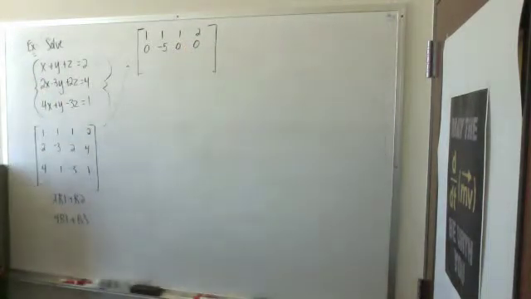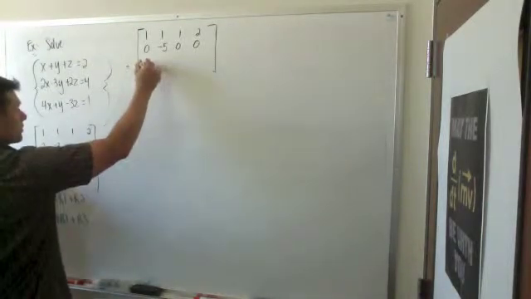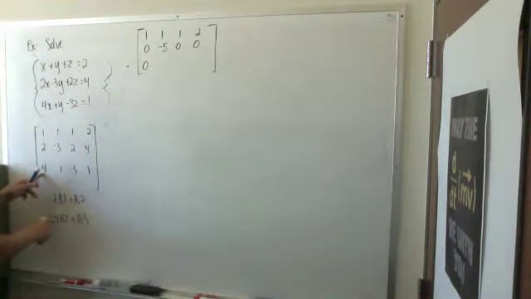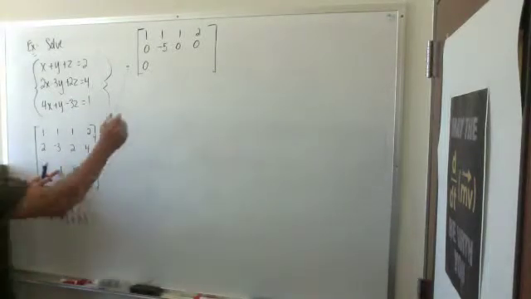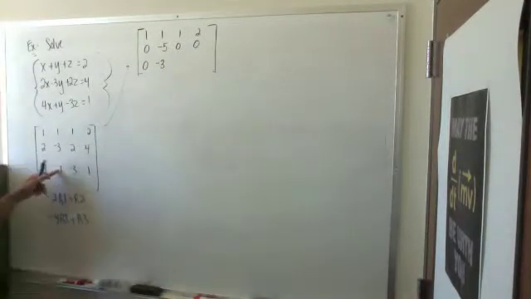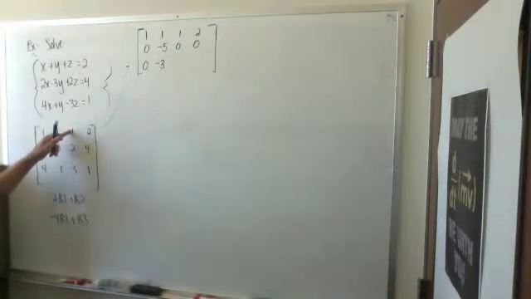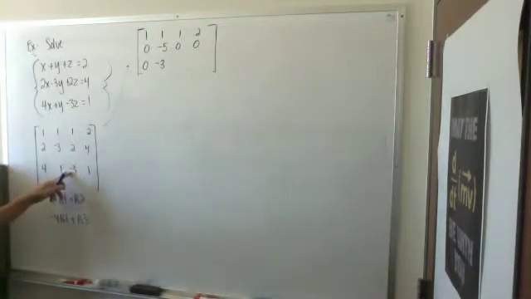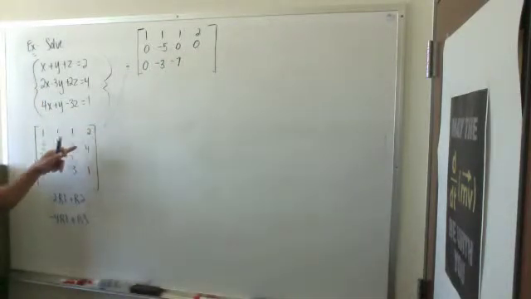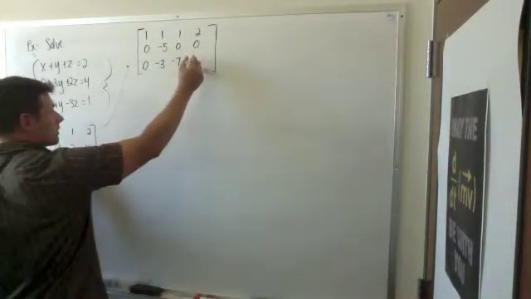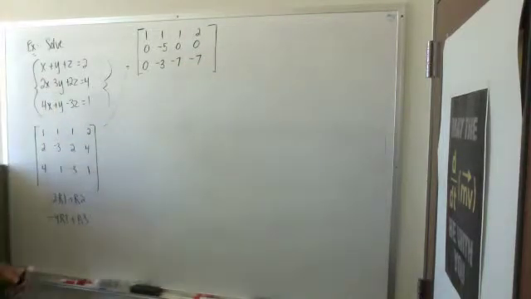Okay? -4 times row 1 plus this is 0. -4 times this plus this is -3. -4 times this plus this is -7. And -4 times this plus this is -7 also.